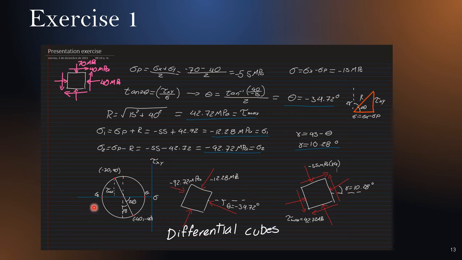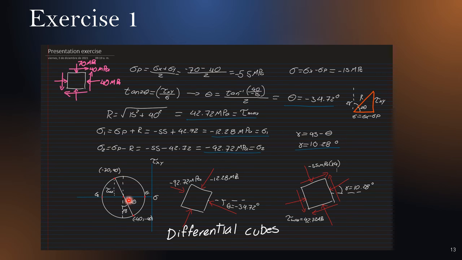We know that theta is minus 34, so 2 theta is around minus 70, and 2 gamma is the remaining section. The maximum shear stress, we also have it, which is here, sorry. So we can add it. And the differential cubes are also simple. The first cube, which is the one with the main stresses, has angle theta.